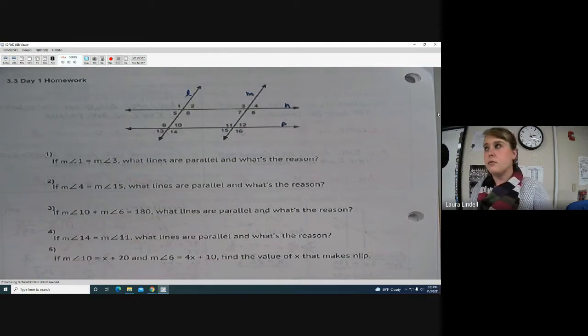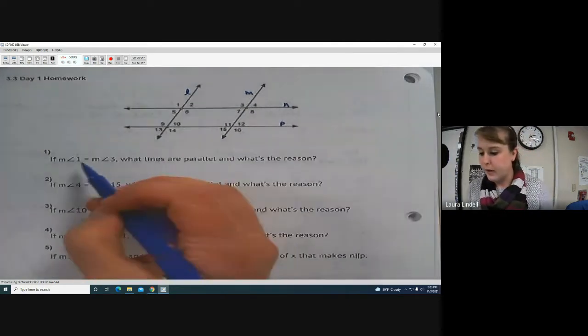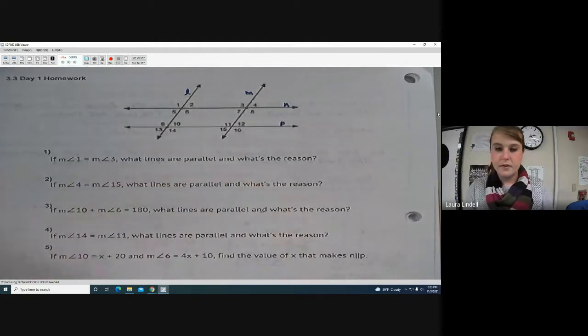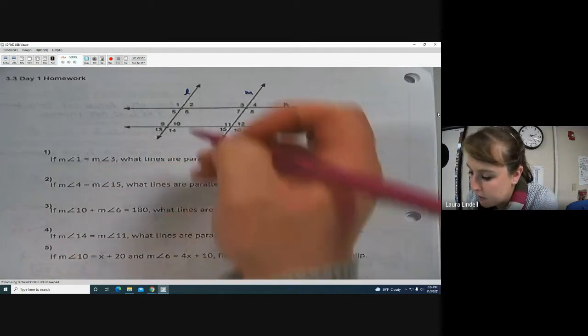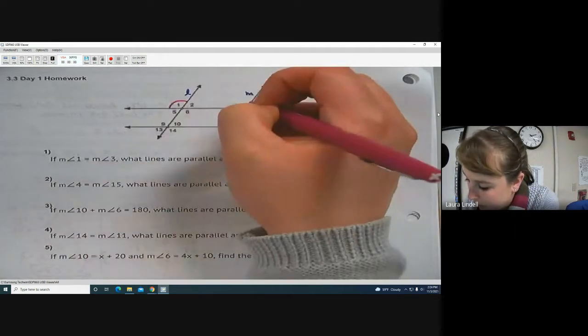So our reasons would be things like alternate interior, alternate exterior, consecutive interior, or corresponding. Those would all be good reasons to use, depending on the angle relationship between these 2. So for my first one, I'm told that angle 1 is equal to measure of angle 3. So here's angle 1, here's angle 3.